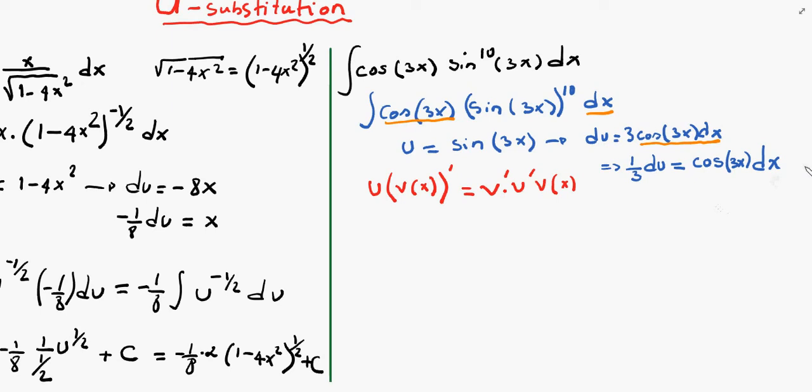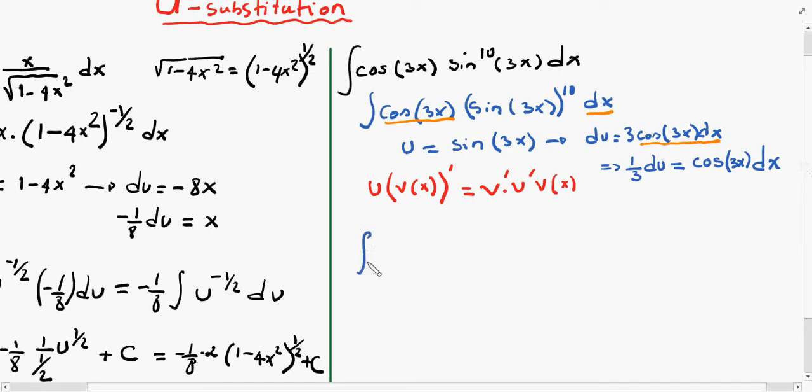Now check this out. What do we have? We have cosine dx, so this is the value here. We can replace it there, and we have u as sine of 3x. This is the value here, so we have everything. So we can just plug it back into the original function.